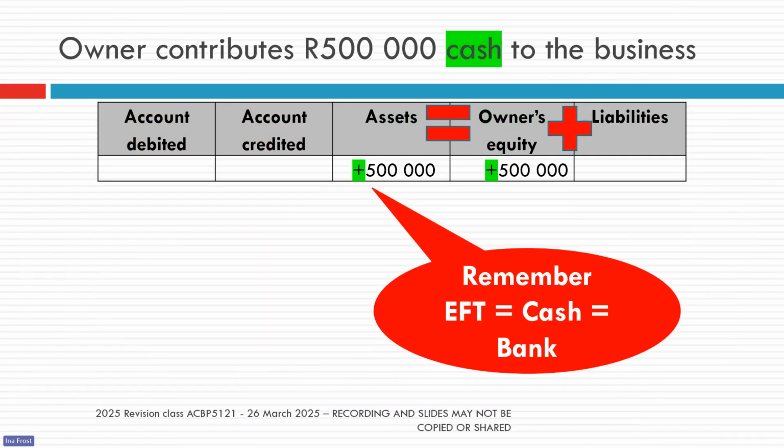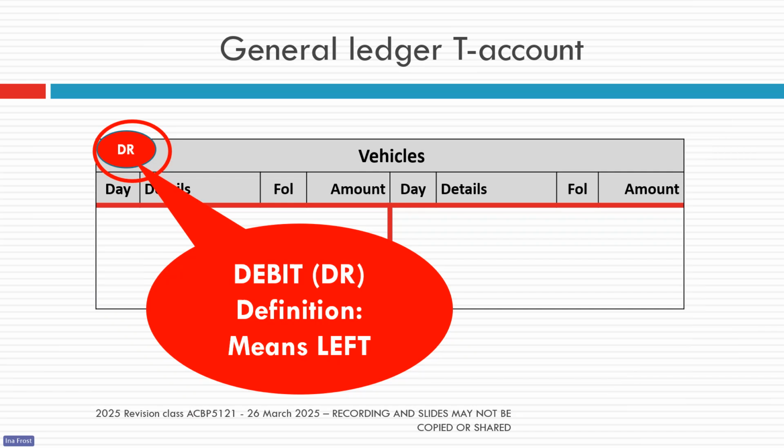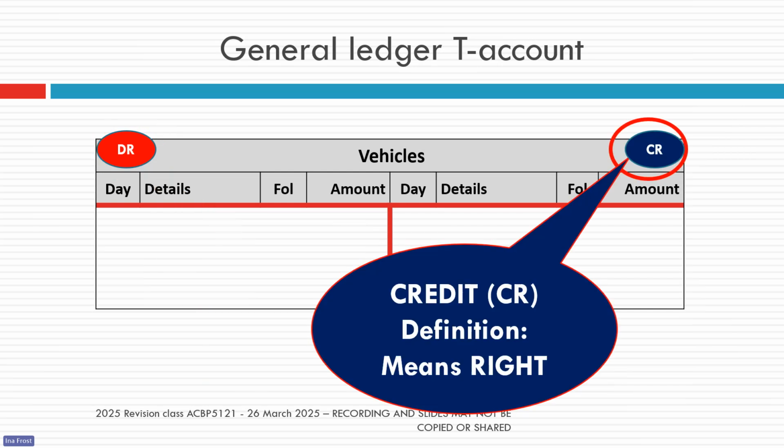And the reason we talk about a T account is because of the shape of the account. So can you see I've tried to highlight it for you here on my slide as a big red T. So we talk about these general ledger accounts as T accounts because of the shape of the account. And this general ledger T account has got two sides. The one side, the left-hand side, is the debit side, and the right-hand side is the credit side.